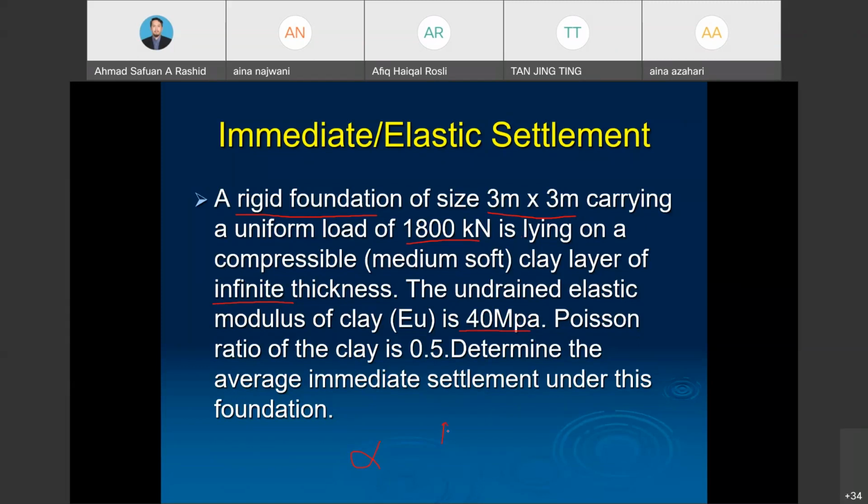I remember some student once asked how to convert Pa to Newton per meter square. They are already the same, no need to convert. The Poisson ratio is 0.5. Determine the average immediate settlement under this foundation.